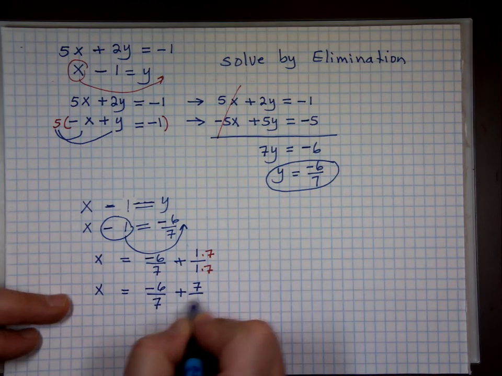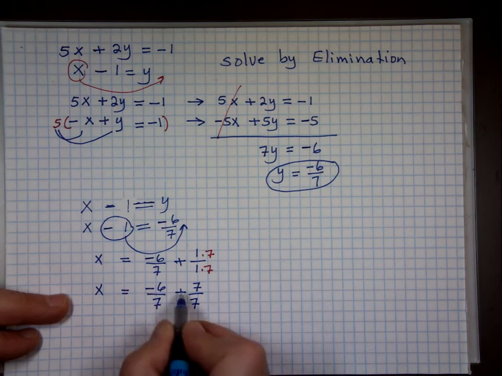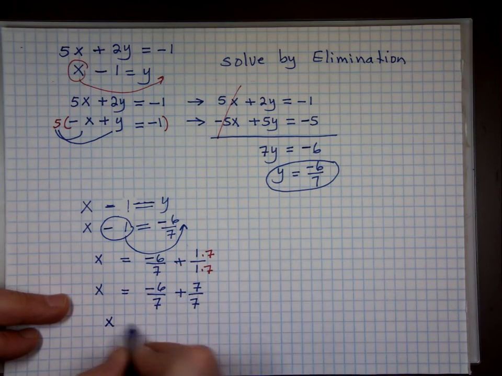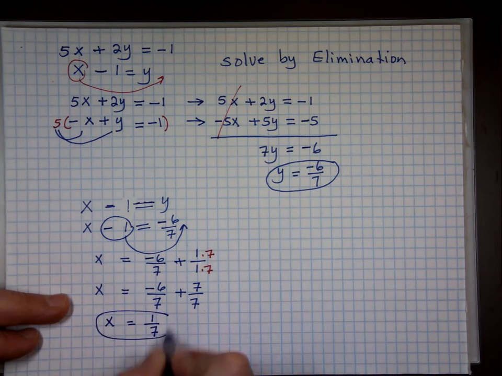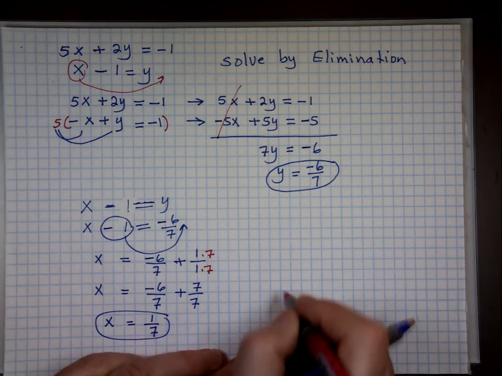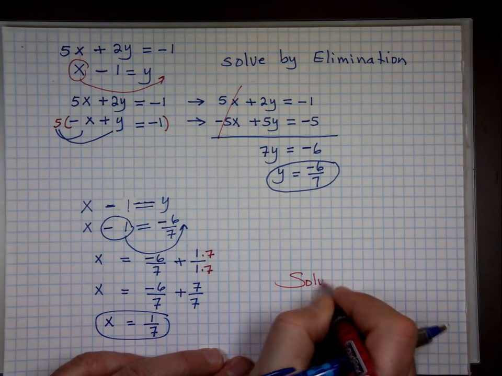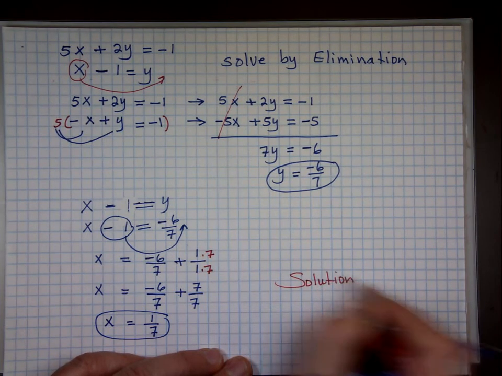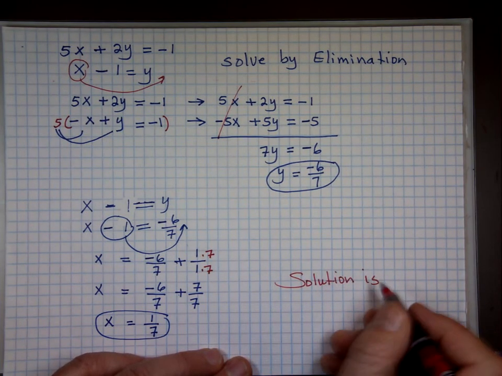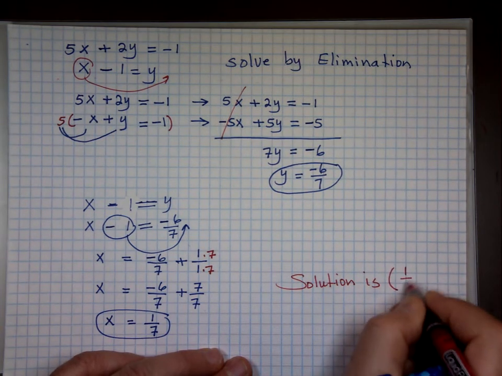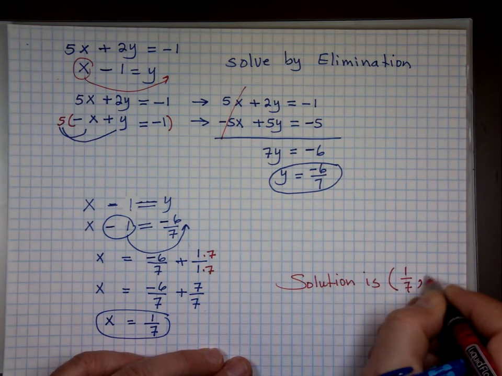What's negative 6 plus 7? 1 over 7. So my solution to this problem is x is first, 1/7, y is second, negative 6 over 7.